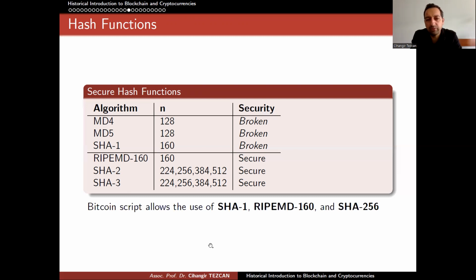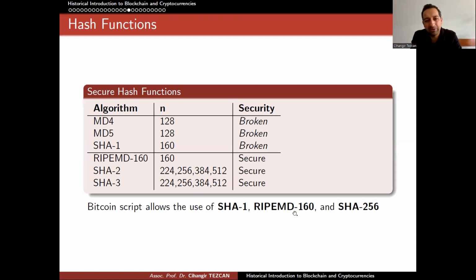Bitcoin script allows the use of SHA-1, RIPEMD-160, and SHA-256. So there are opcodes for them. But in transactions and so on, SHA-1 is never used, so we are secure in this case. This is also surprising because initially Satoshi included RIPEMD in the opcode.